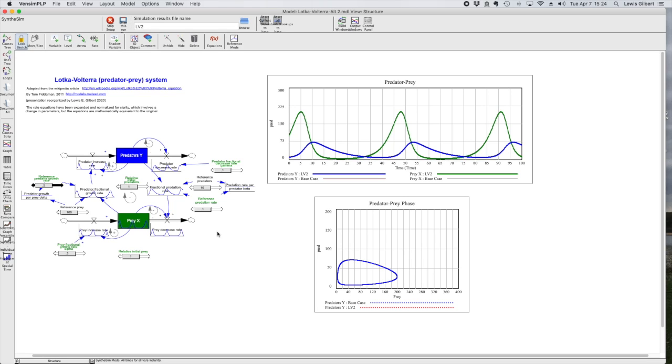So what if we shorten the predator fractional decrease rate? I think this is the one. I believe this is the lifetime.